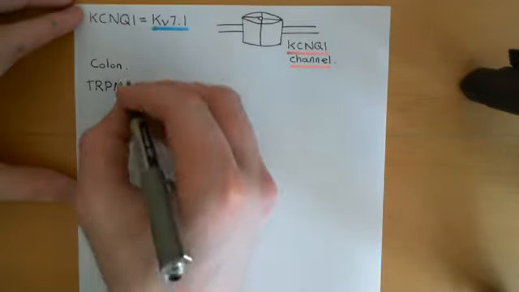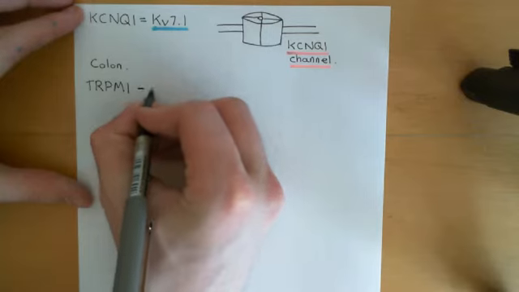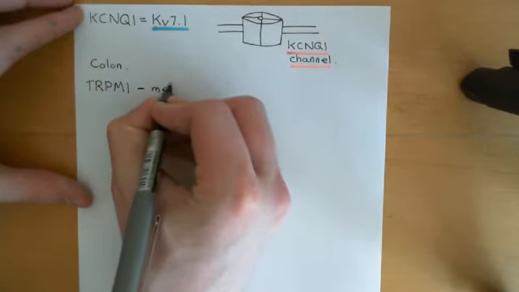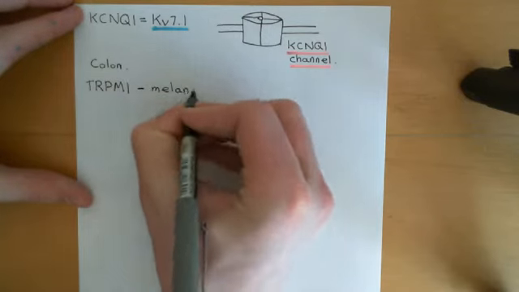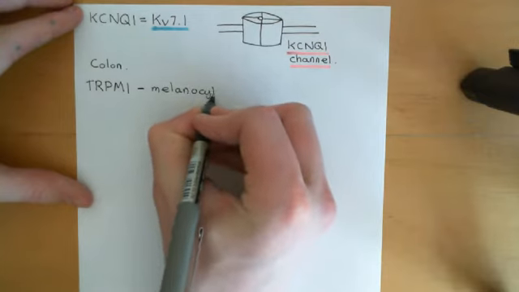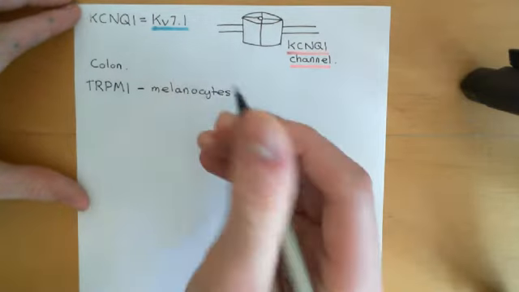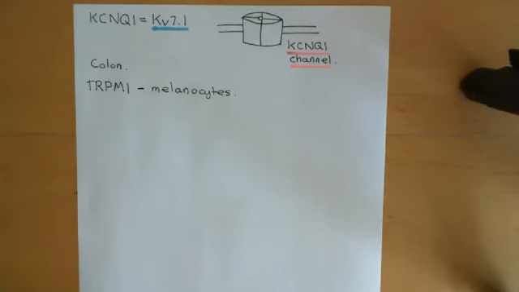It's believed to act as a tumor suppressor in melanoma progression, so in melanocytes. The idea here again is that in the early stages of neoplasia in melanocytes, you have a high expression of TRPM1, and then in the later stages of neoplasia of melanocytes, you have a low expression of TRPM1.